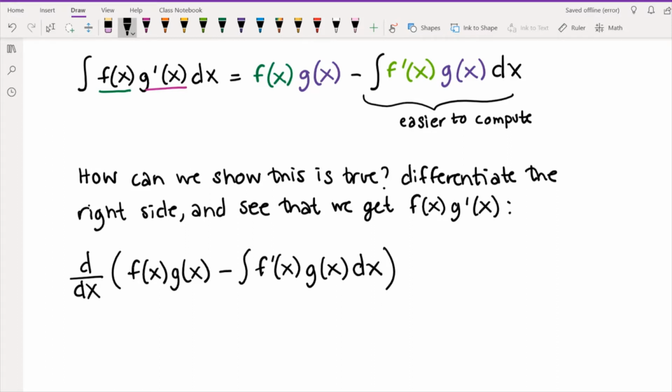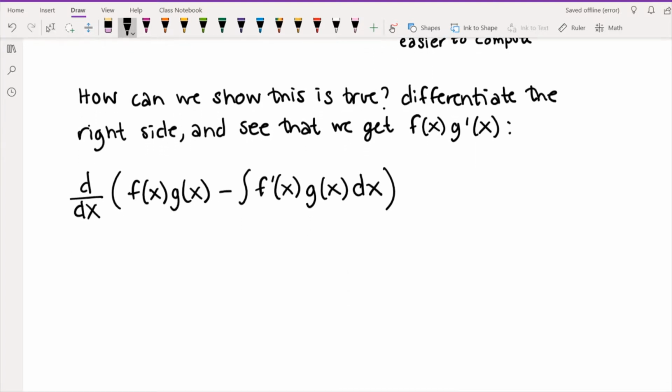So what do we get for this first part? Well, you would have to use the product rule, right, to take the derivative of this first part. And so we would get f prime of x times g of x plus g prime of x times f of x, right? That's the product rule. And then what would the derivative of this integral be? Well, remember, what does it mean to take an indefinite integral of a function?